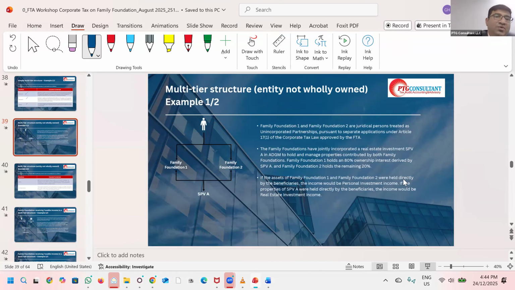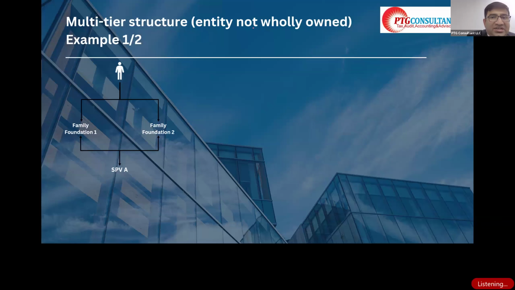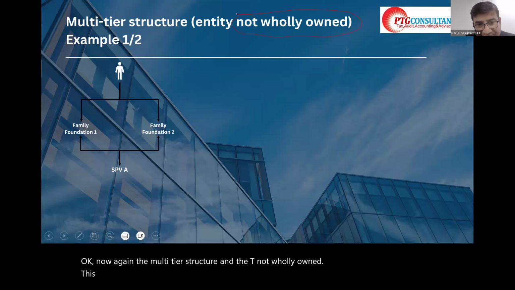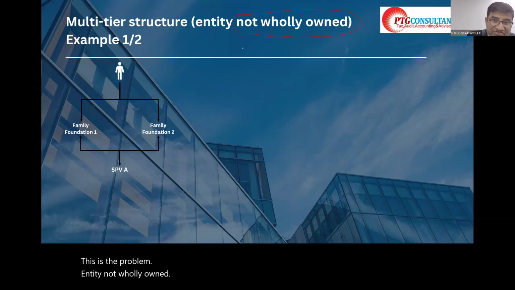Okay. Now again, the multi-tier structure, entity not wholly owned. This is the problem. Where was the chain? A is coming in the same chain, but now this is coming in the same chain, in the same tier.